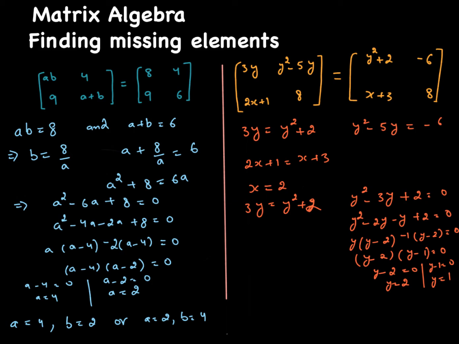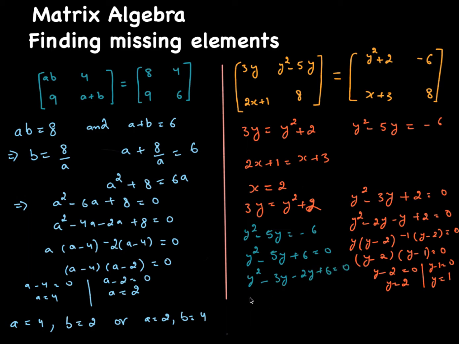I'm gonna do the second one in a different color just to separate them. So the second one is y square minus 5y is equal to negative 6. So it can be written as y square minus 5y plus 6 is equal to 0. I'm gonna break down this 5y into 3y plus 2y, and plus 6 is equal to 0.